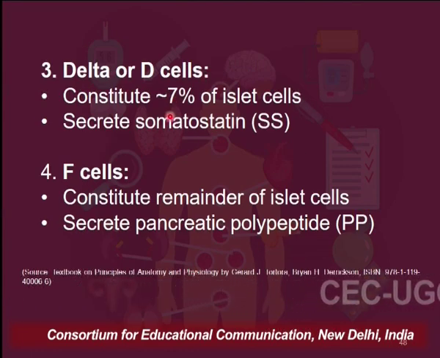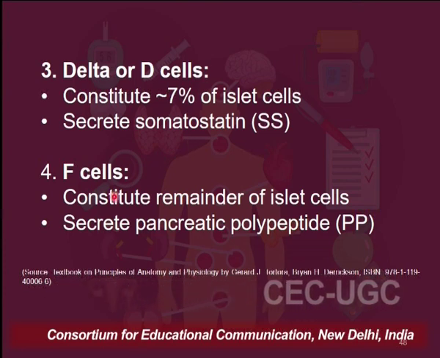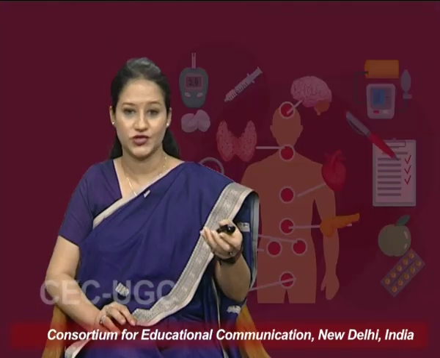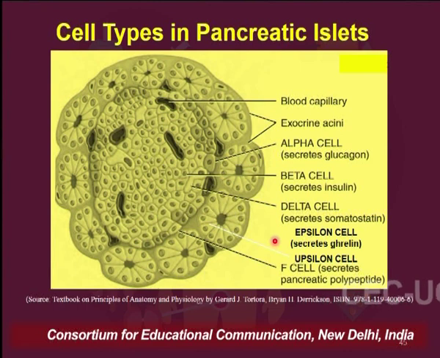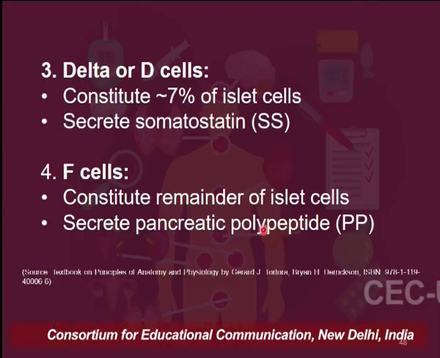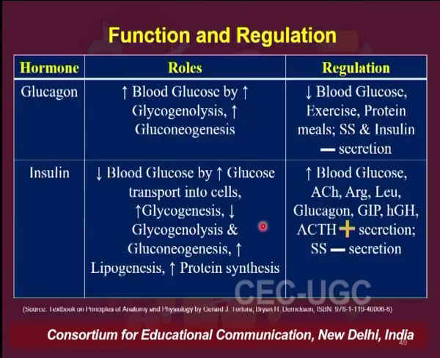Your delta cells or D cells constitute very little, around 7%, and secrete somatostatin, while the F cells constitute the remainder of the cells in the islet portion, responsible for the production of pancreatic polypeptide. There is a very small part occupied by the epsilon cells, which secrete ghrelin. Ghrelin is primarily responsible for eliciting appetite. Whenever you feel hungry, that is because of a hormone named ghrelin.